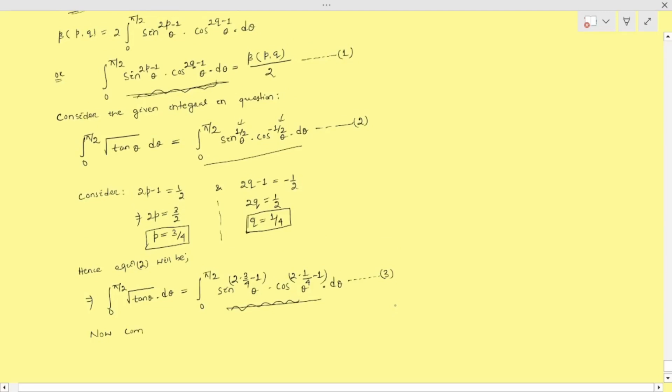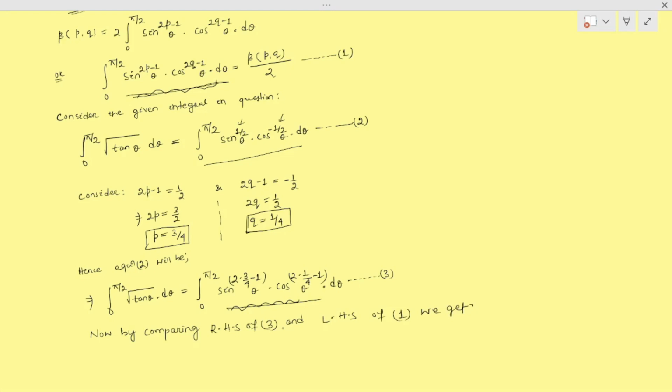Now by comparing RHS of equation number 3 and LHS of equation number 1, we get, carefully you just watch.